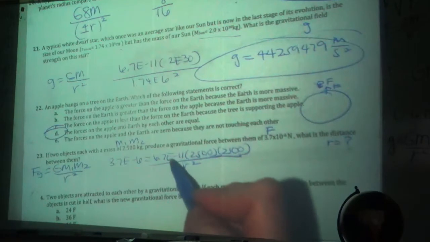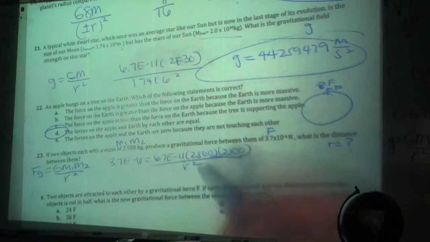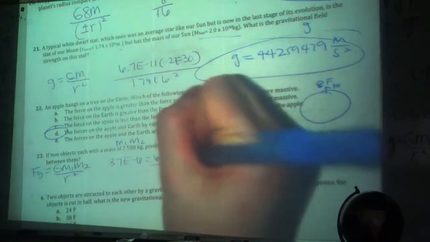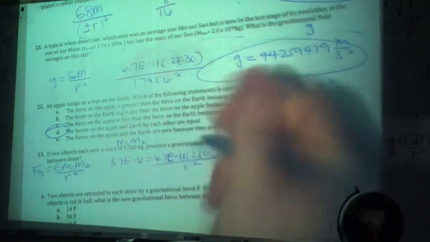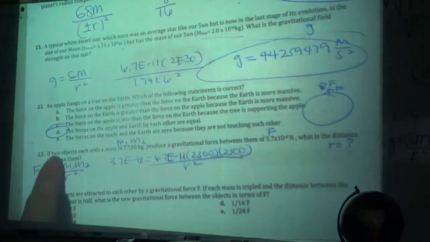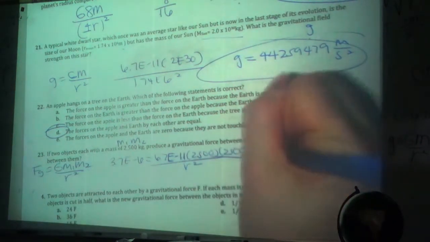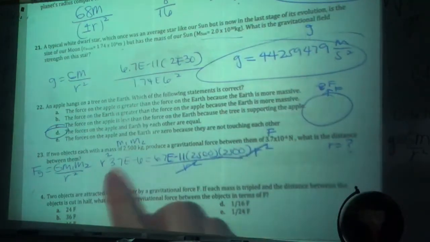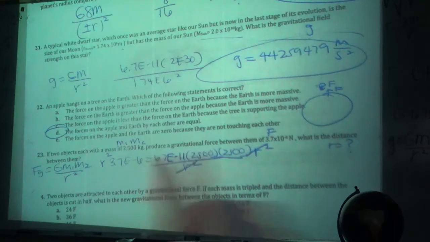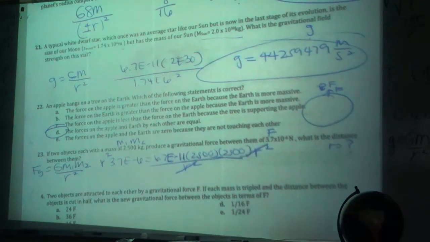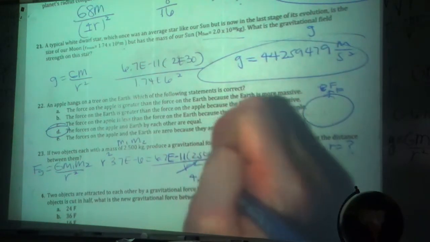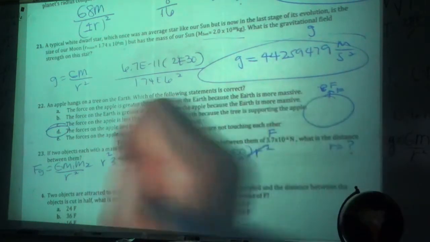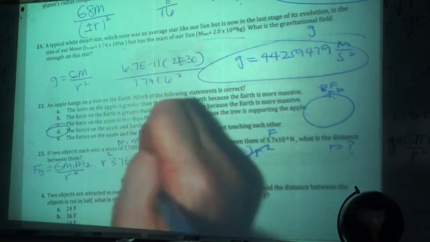Now, we cannot ignore G here because this is a plug-in problem, right? We're not doing a what-would-happen problem. I'm plugging in real values, so I have to plug in all my values, including G. First thing you want to do is multiply the R squared up. That cancels out. And now I have R squared times this number equals, I put this in my calculator and I got 4.187 E negative 4. And then down here, bring this down.